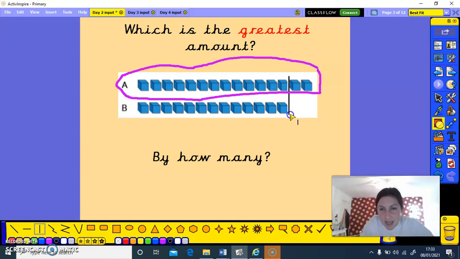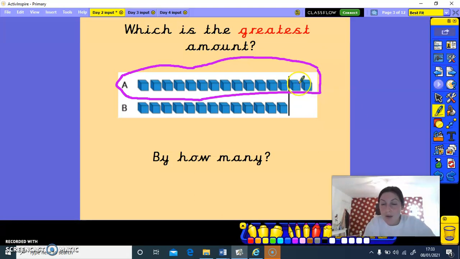I can see to here that it is the same, which makes it really clear for me to see how many more A is, how many more cubes along it is, which makes it the greatest amount by 2. There is 1, 2 extra cubes, so it is the greatest amount by 2.